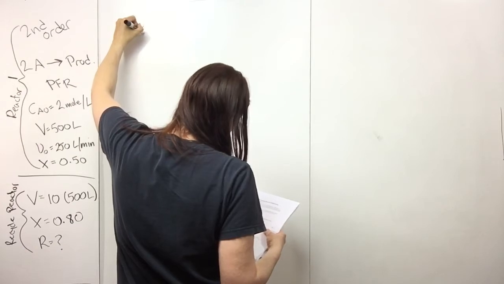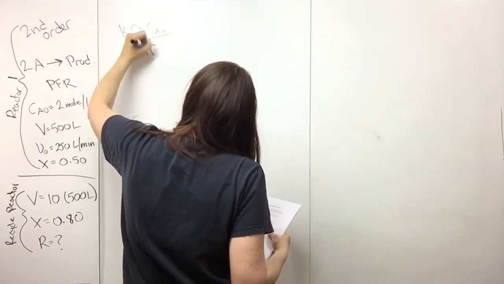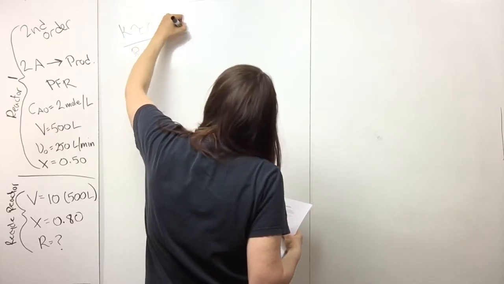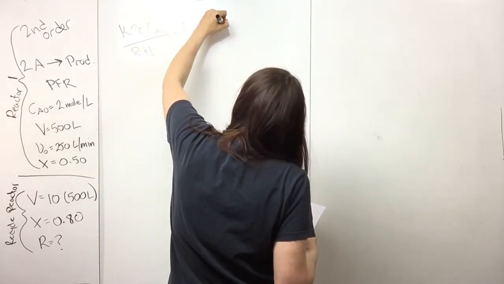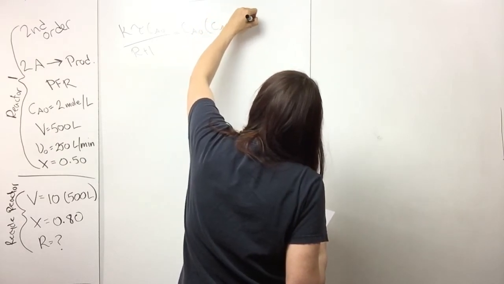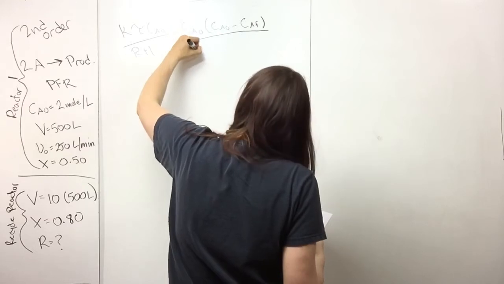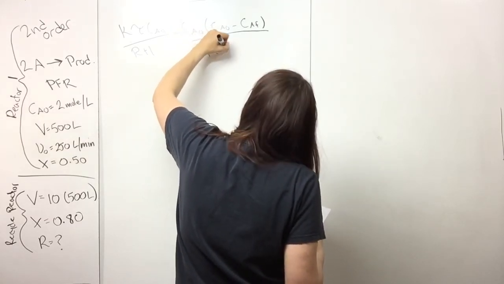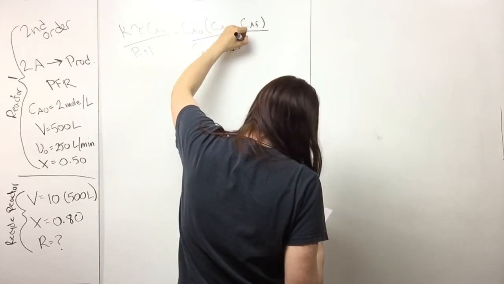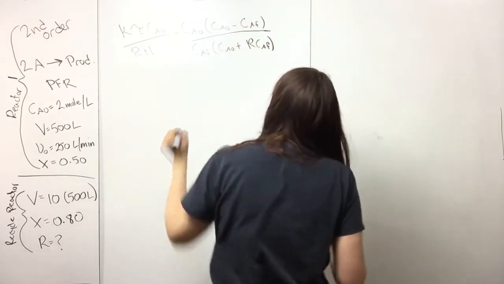that is K tau CA naught over R plus 1 is equal to CA naught multiplied by CA naught minus CAF over CAF, CA naught plus R CAF.